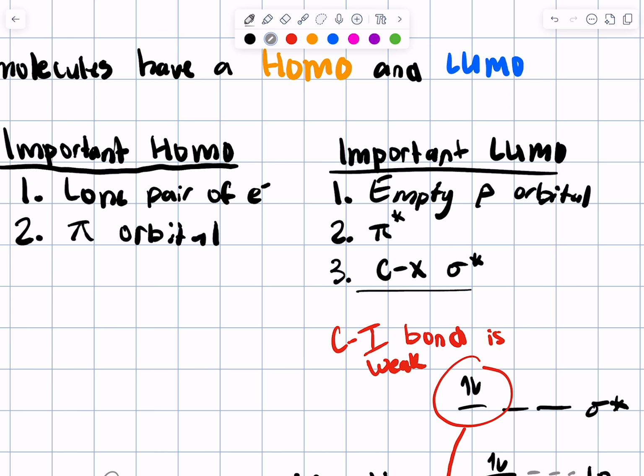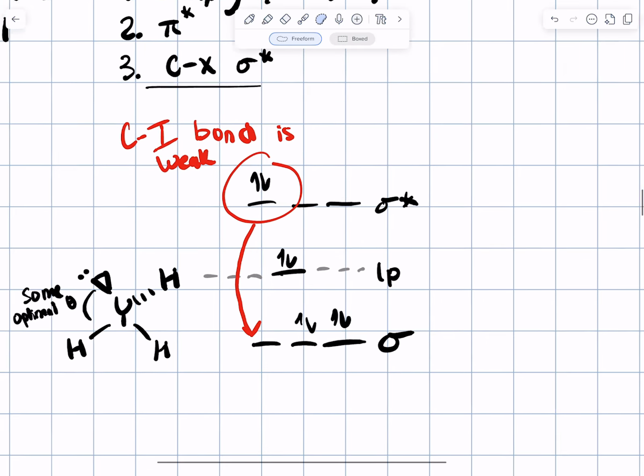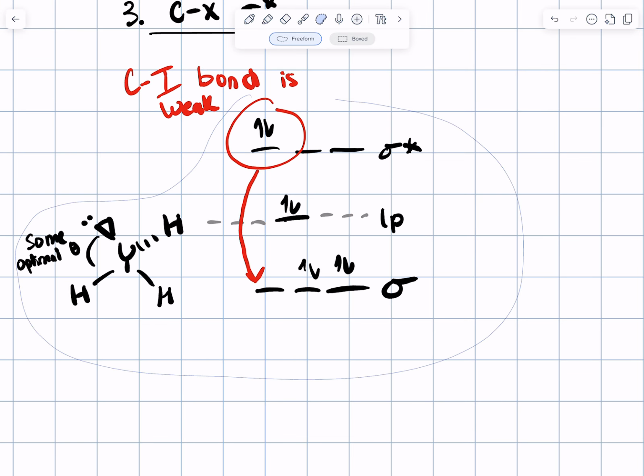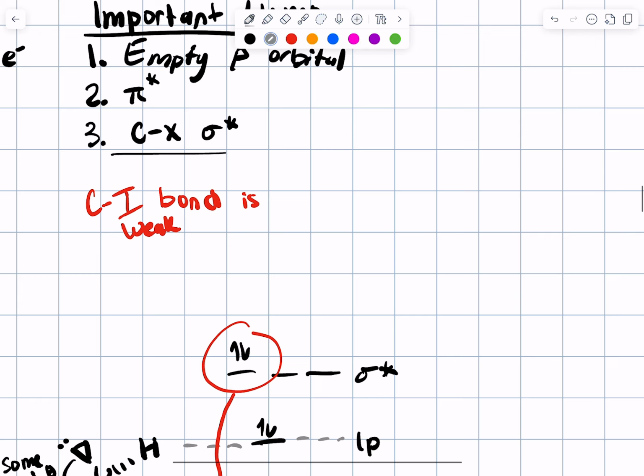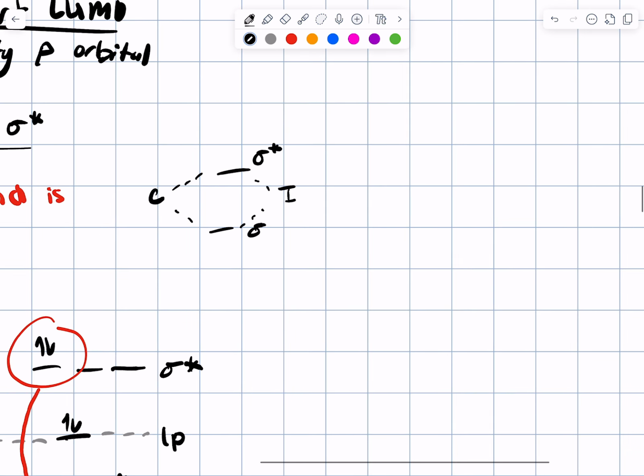So when I'm looking at its molecular orbital, carbon-iodine, its sigma splitting is going to be really small. So my sigma star, versus if I compare it to something like a carbon-carbon bond, that's going to be much more profound in its sigma and sigma star splitting.